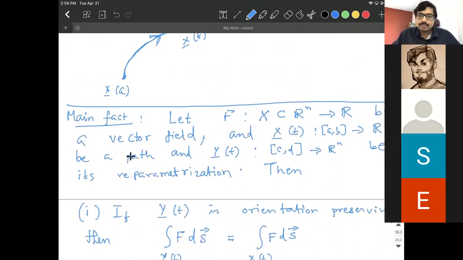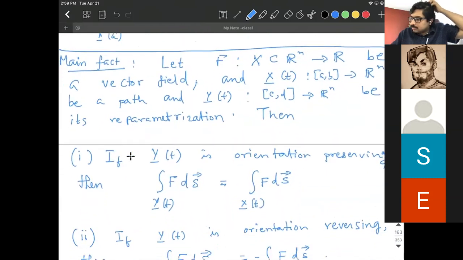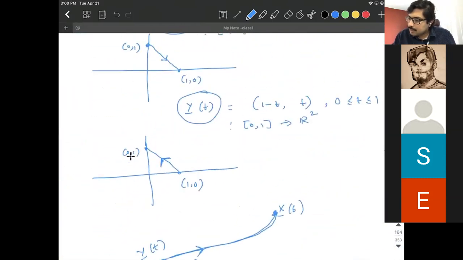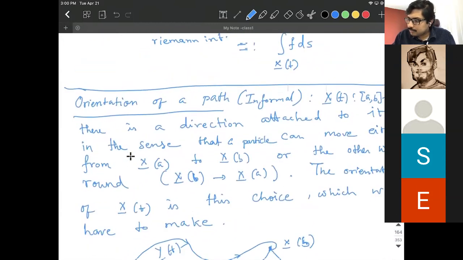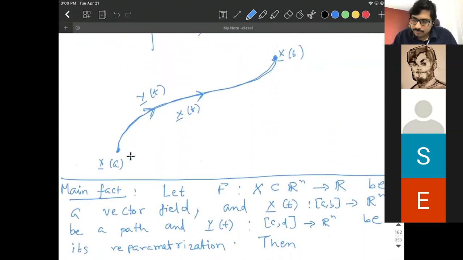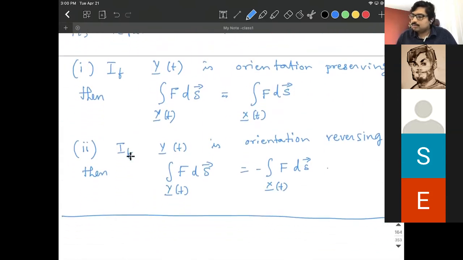For scalar line integrals, nothing changes. But for vector line integrals, there's a sign to be taken care of. So understand this informal definition of orientation. That should be good enough. And then understand how it affects the vector line integral.